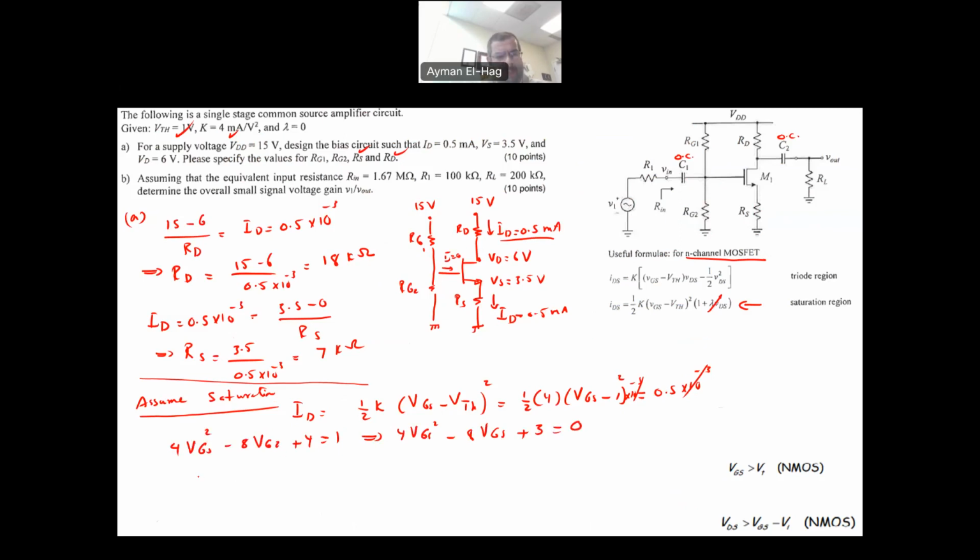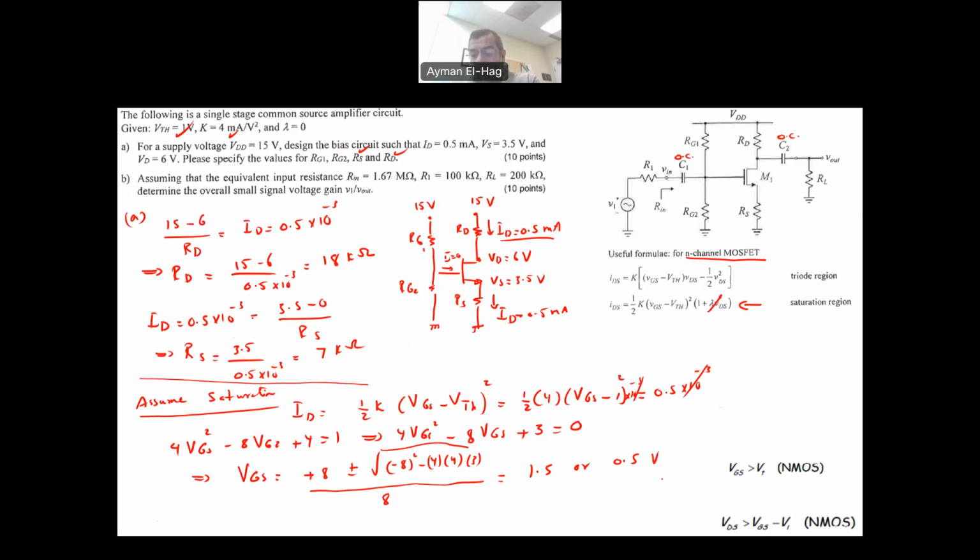Now we need to solve for VGS, so we use the quadratic formula. VGS is equal to minus b, which is plus 8, plus or minus the square root of b squared, which is minus 8 squared, minus 4 times a times c, which is 4 times 3, divided by 2a, which is 8. This gives me two answers, 1.5 or 0.5 volt.